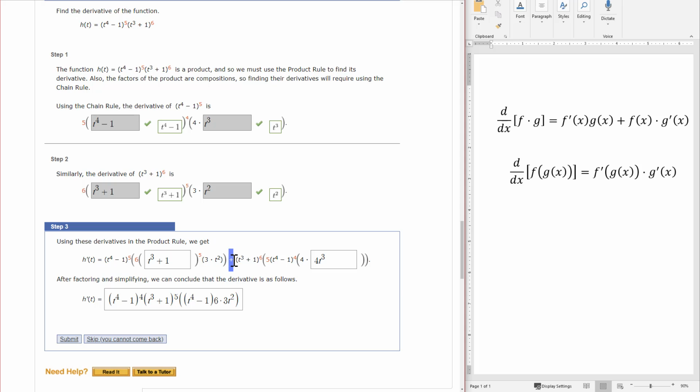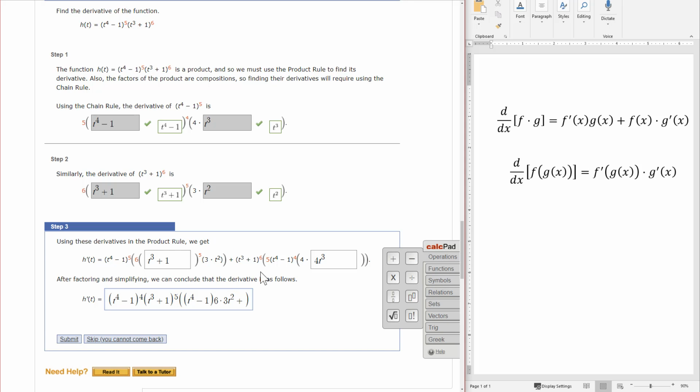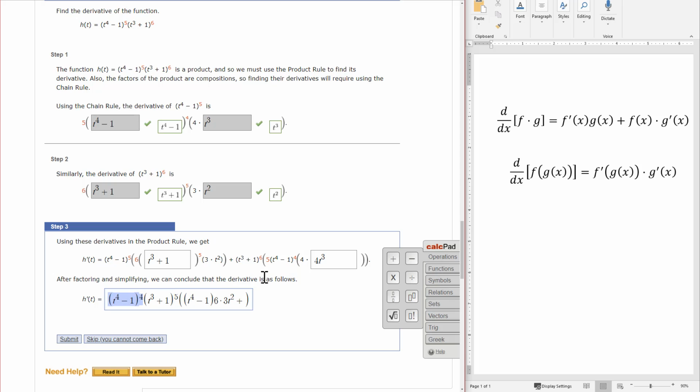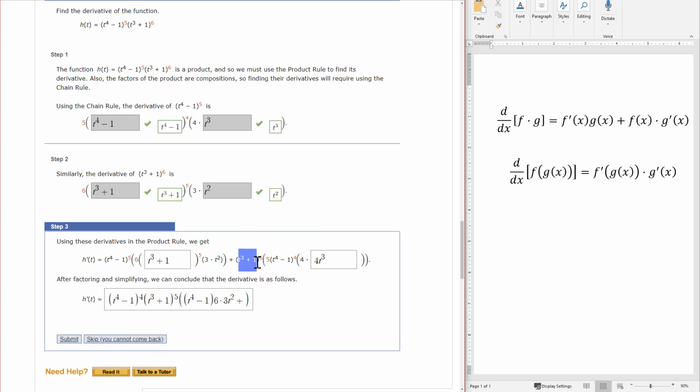Now the second term, I have a plus here. So my second term will have, I took out all the t to the 4th minus 1. There's 4 of them that got taken out here. So all that's gone, and then what I have left is 1 of these, because I took 5 of these out. But there's 6 of them here.